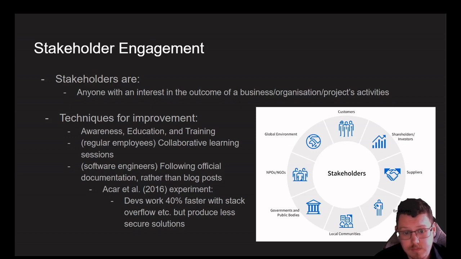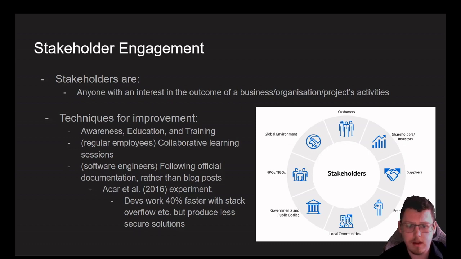In 2016, it showed that they essentially had two groups of software engineers, and they ran an experiment in which the software engineers either used publicly available resources to learn about whatever the problem was that they were tasked with solving, or stuck to official documentation.